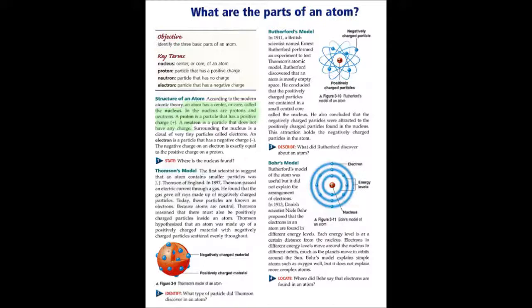Instead, energy levels are used to predict the place where an electron is most likely to be found outside of the nucleus. This area is called the electron cloud. The modern model also identifies the nucleus as containing protons and neutrons. Explain: what is the electron cloud?